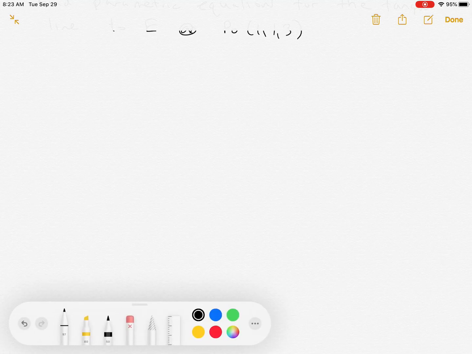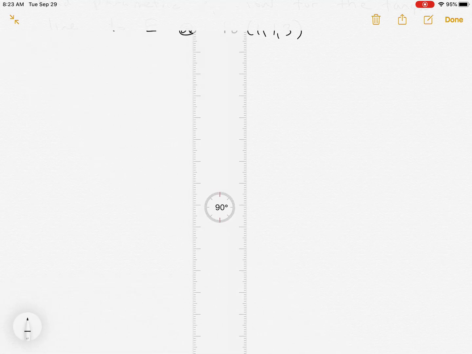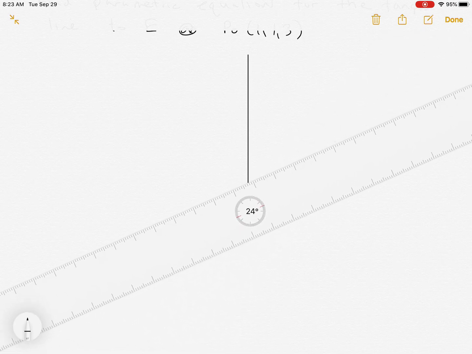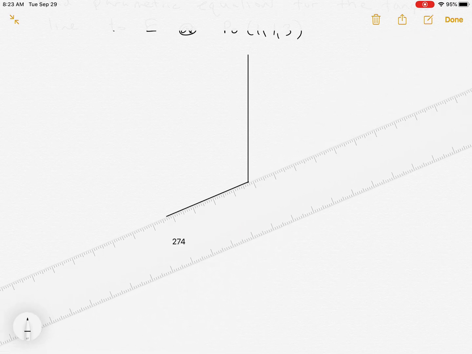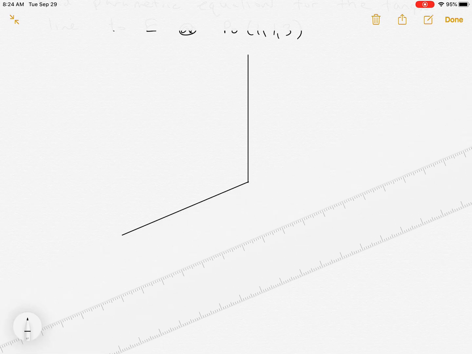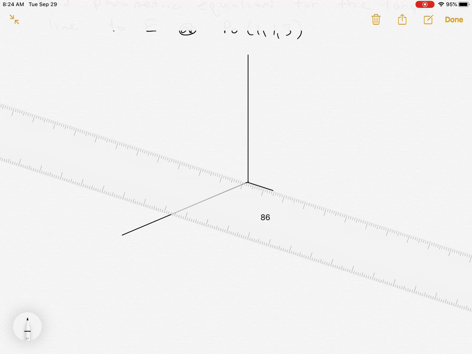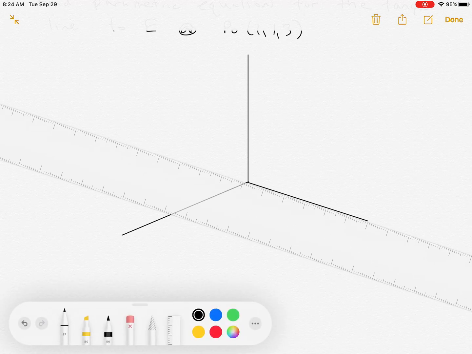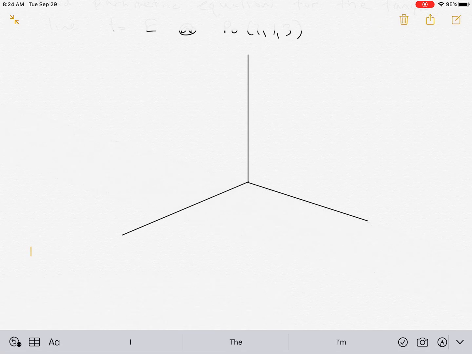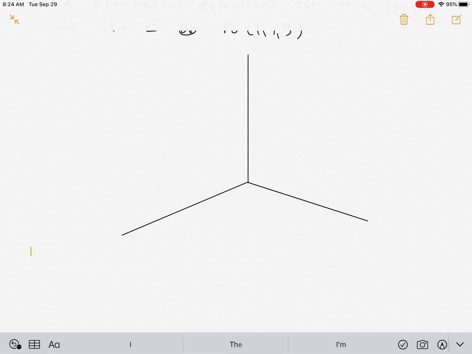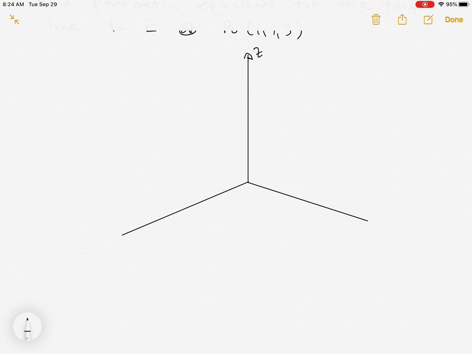I want to make this pretty. There's the z-axis.